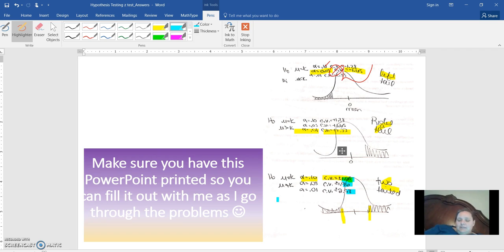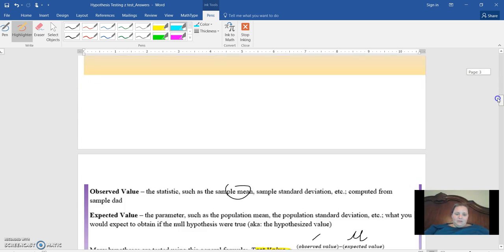And these other two are slightly different, okay? All right, so you don't necessarily need to memorize these, just have access to them.